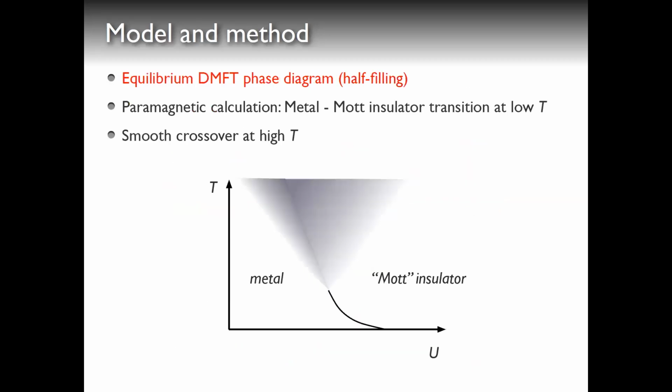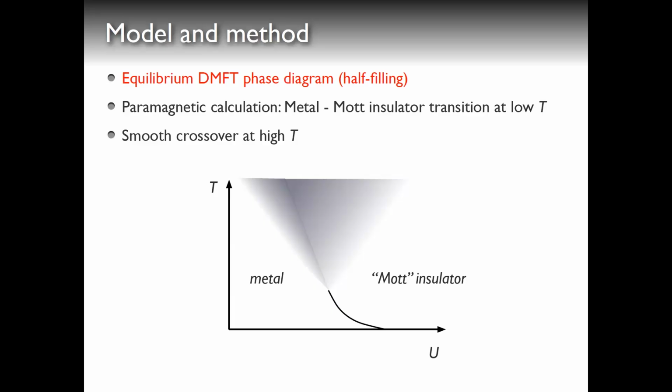Here is a sketch of the generic phase diagram that we get for the Hubbard model in dynamical mean field theory. You see that at low temperature, there's a first order phase transition from a metallic state to a Mott insulating state. Whereas at high temperature, there's a smooth crossover between these two phases. This is for the paramagnetic calculation.